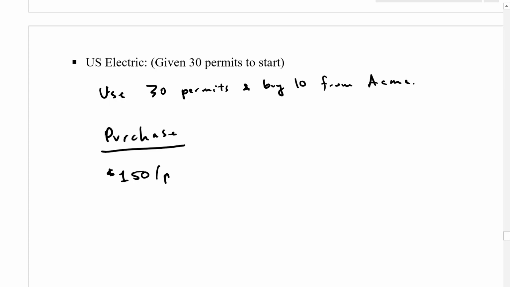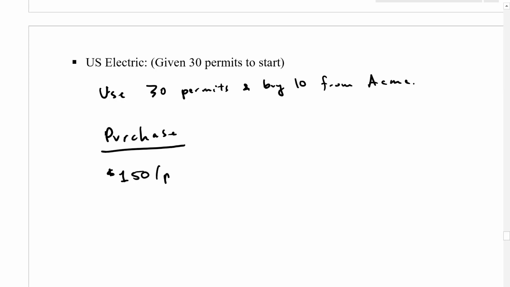All right, and with $1,500 for US Electric and $500 for Acme, the total cost of achieving this goal is $500 from Acme plus $1,500 from US Electric for a total cost of $2,000.